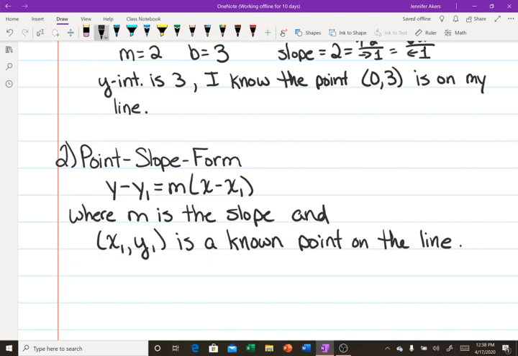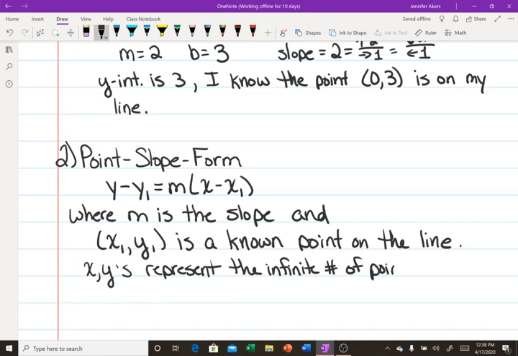Just like in slope-intercept form, the x and y represent the infinite number of points on the line. So (x1, y1) is a specific point.